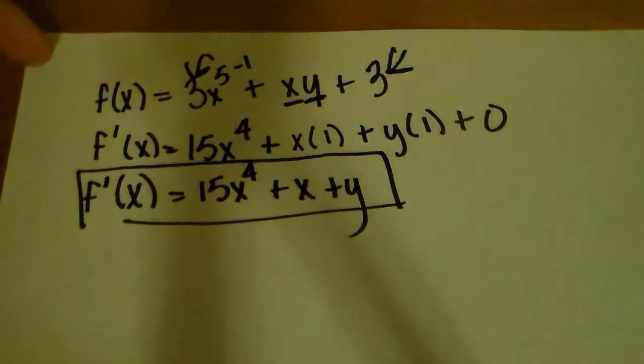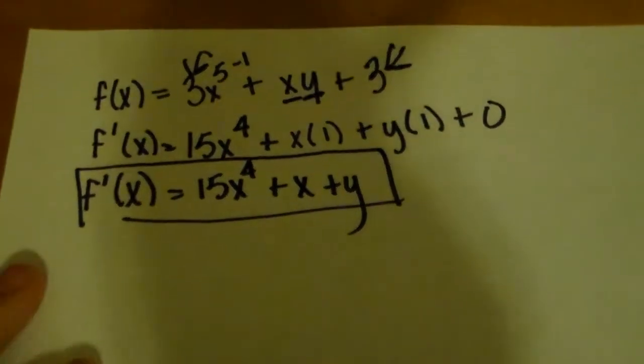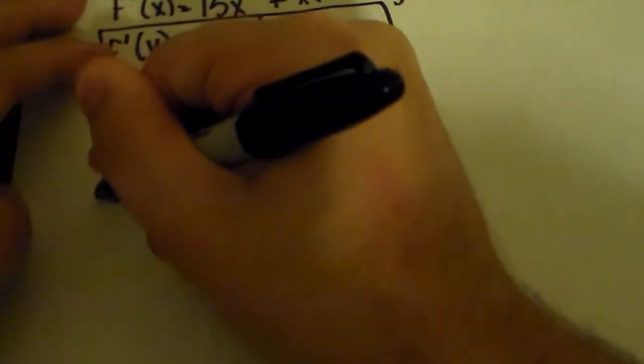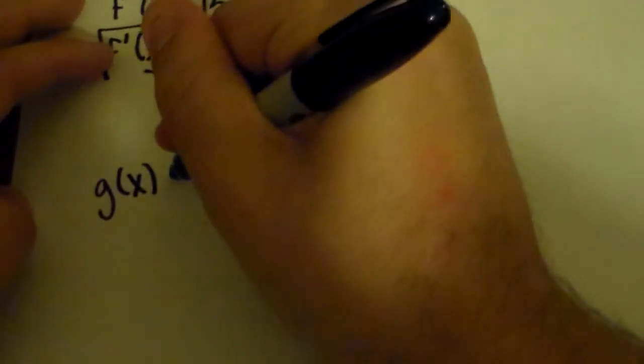Alright, so the next type of differentiation is the quotient rule. So it's going to be g of x, or anything like y or f of x. I'm just going to use g of x.